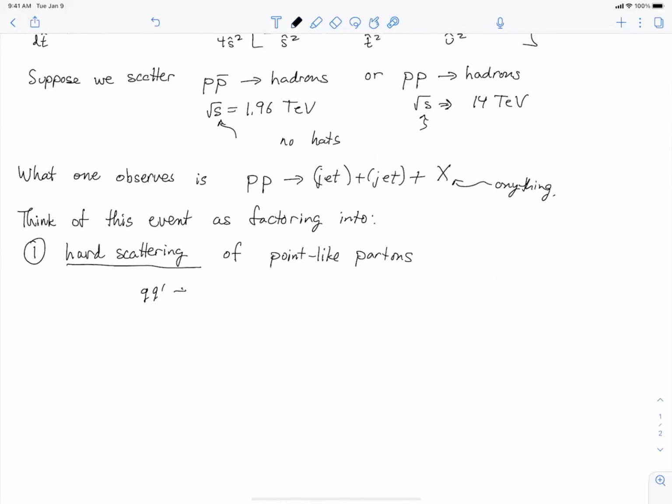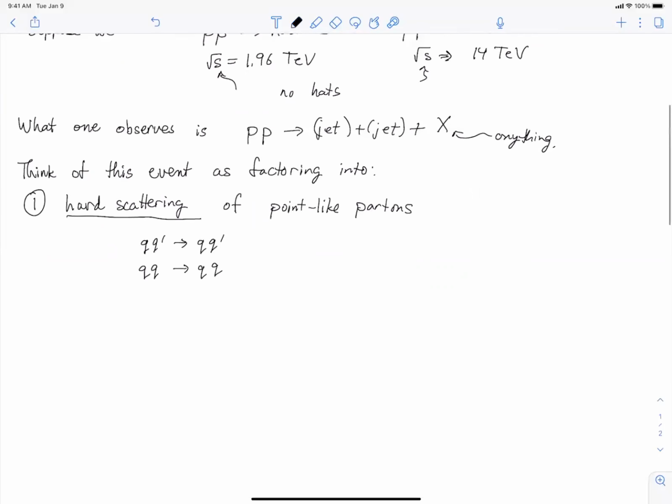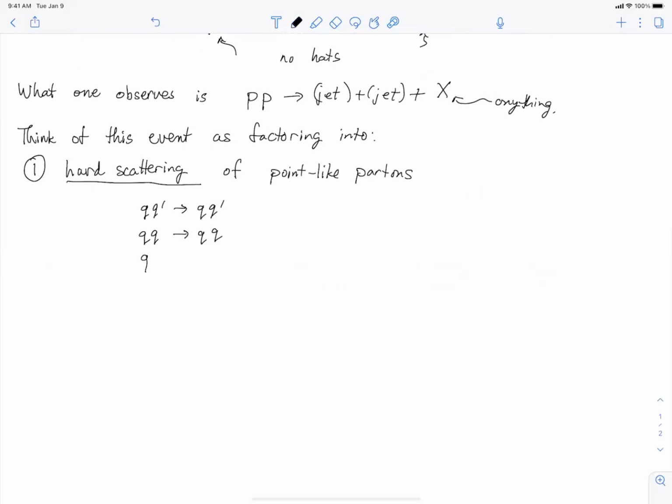Things like quark prime goes to quark prime. We did that for Q equals up and Q prime equals down, but it could be for any two different quarks. The prime just means different. I could also do two same quarks, which will have more Feynman diagrams and therefore a different cross section. Or I could do quark scattering with gluon.